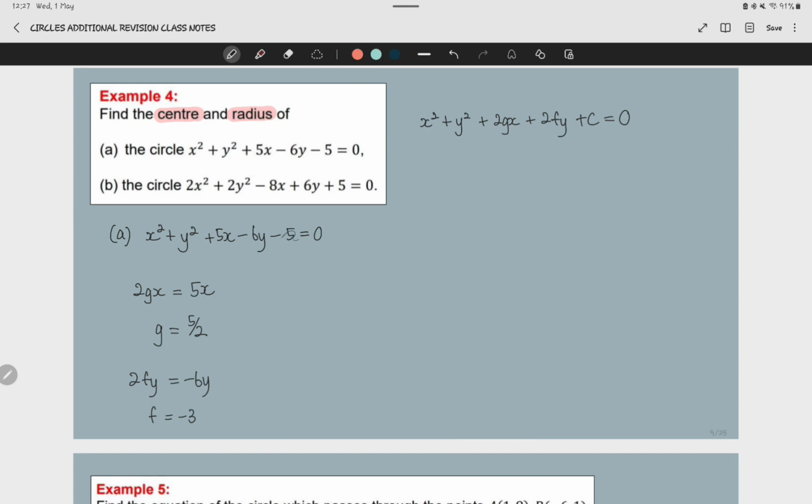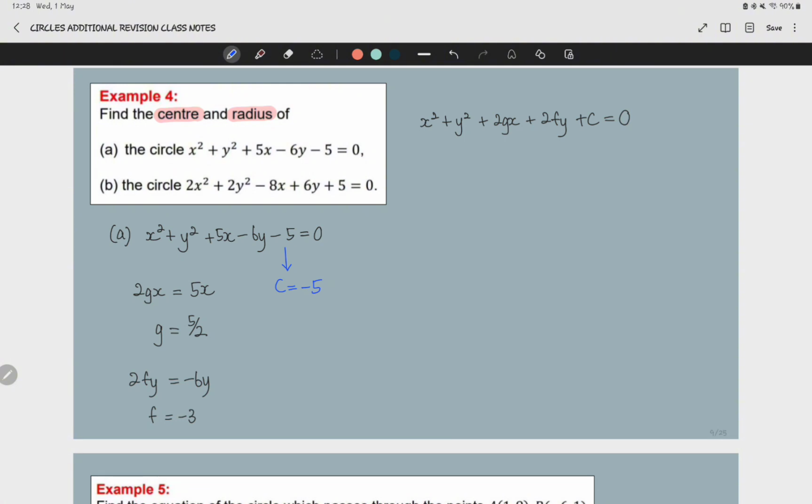Remember back from here, we can see that your c, is it 5? No, it will be negative 5, because in your general equation it is plus c. So when it is plus c, now we get negative 5.